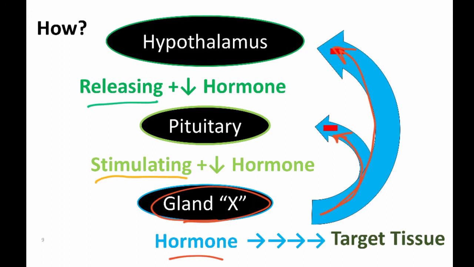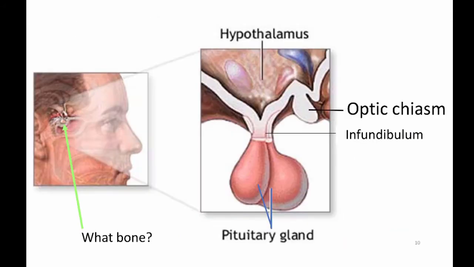So if the original stimulus for the hypothalamus to release releasing hormone is low blood hormone levels, then once those levels go up, that's going to inhibit the hypothalamus.